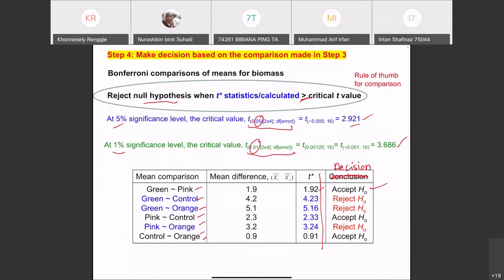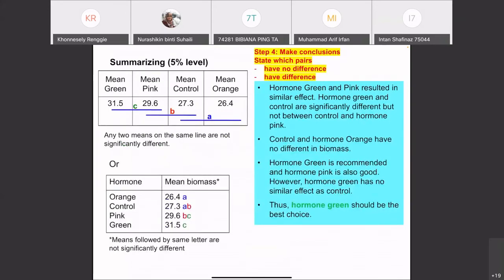So now this is given to you. You accept the null hypothesis for green and pink, for pink and control, and for control and orange, whereas for the rest you reject the null hypothesis. So what does it mean? It means that when you make a conclusion, the ones that have no difference are the ones that accept the null hypothesis.